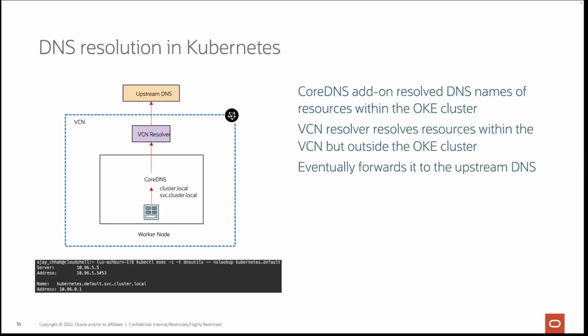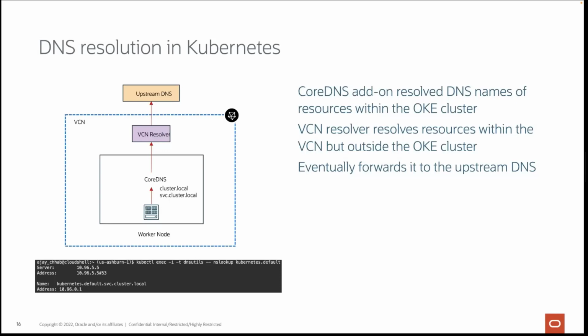Now, CoreDNS, on the other hand, and Kubernetes also creates a new authority, which is called service.cluster.local. And the authority for these domain names remains with the CoreDNS.